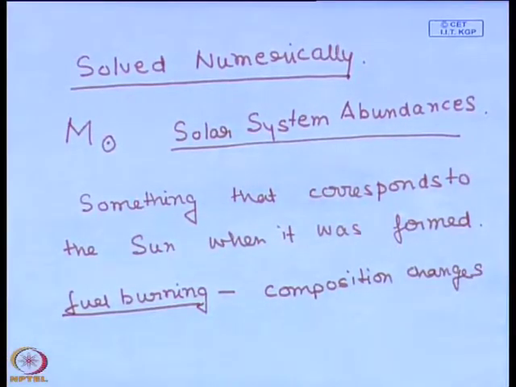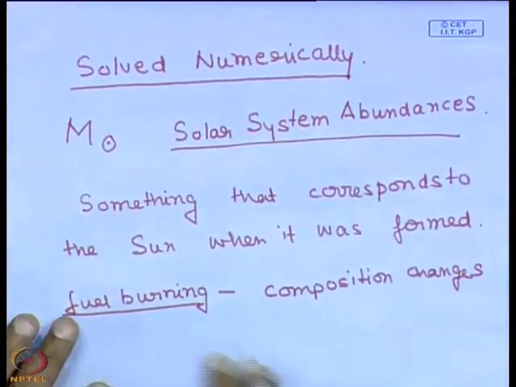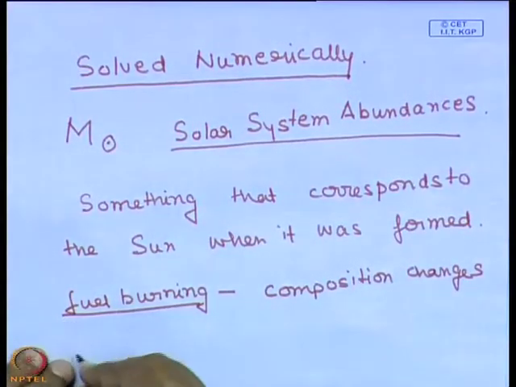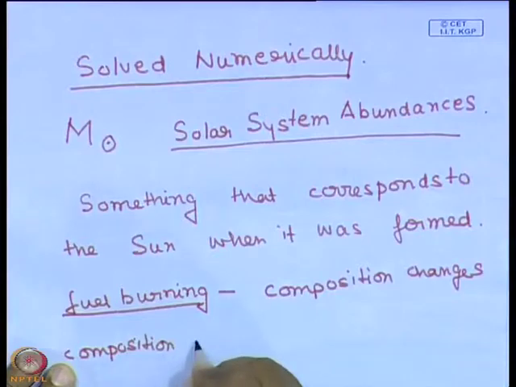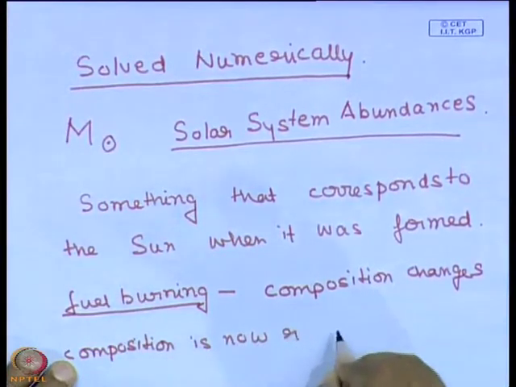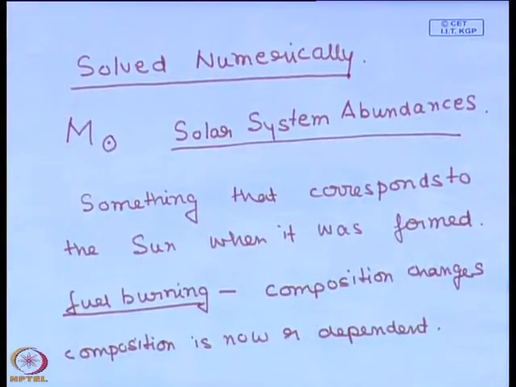And one has to take this into account and again solve the equation. So, initially the composition was the same throughout, the solar abundance. Now, the composition is a function of R. Okay. And one has to incorporate that.